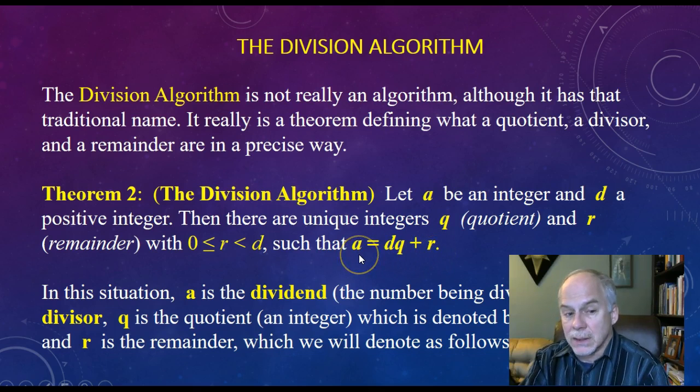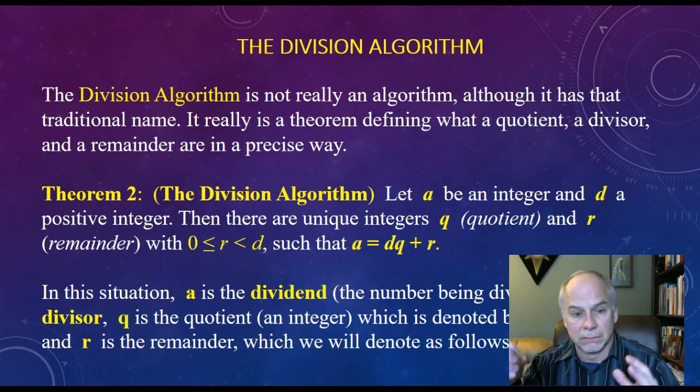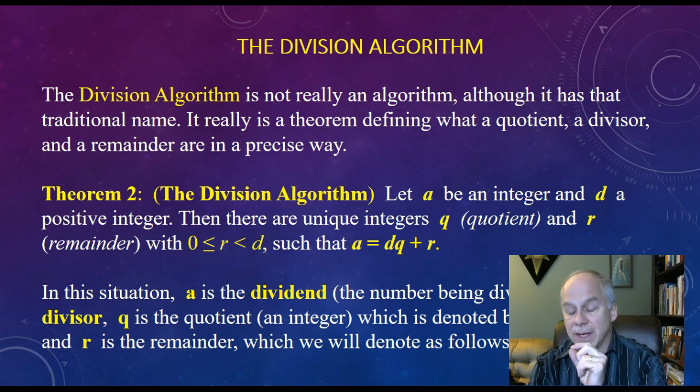Okay? Now, for example, let's say we're thinking about dividing 23 by 5. Okay? So 23 is the a. The thing we're dividing by, d, is 5. Now, you know that the remainder, when you divide 23 by 5, is 3, and the quotient is 4.